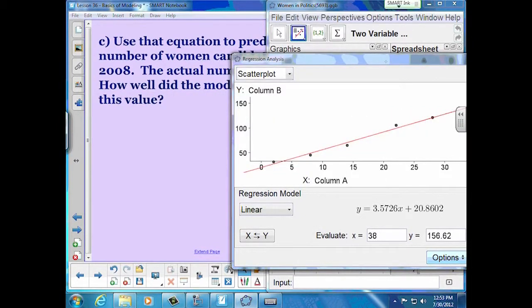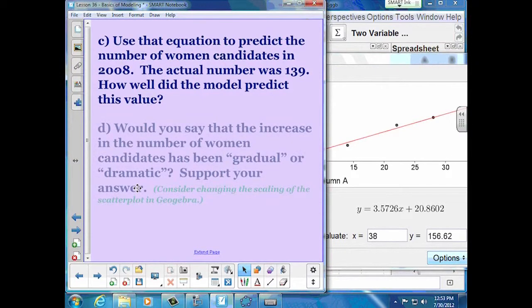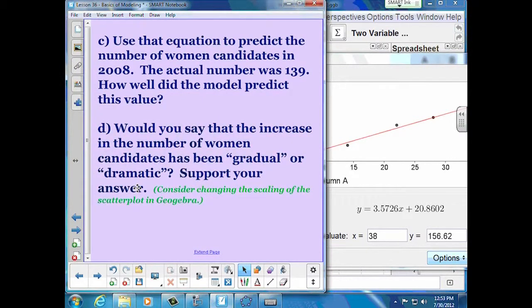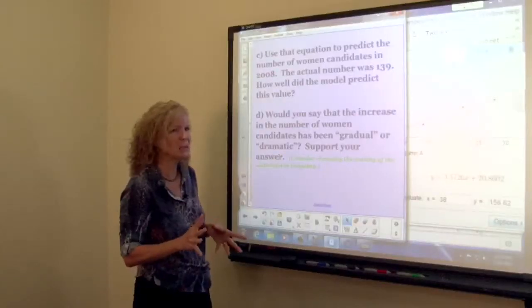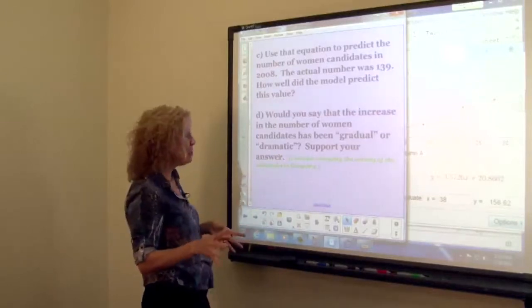Well, then I see that I'd have about 157 women candidates based upon my model. And the actual number was 139. So, was that good? Well, it was a little bit off. Okay, so we're seeing it certainly isn't super accurate. Maybe another equation would be a little bit better model.